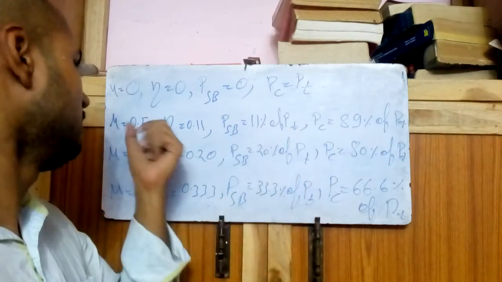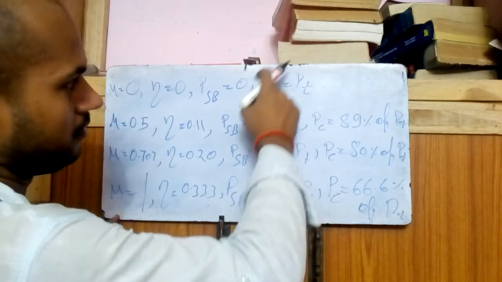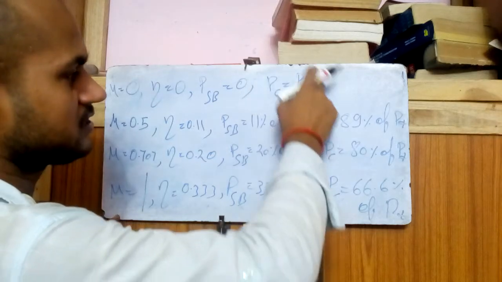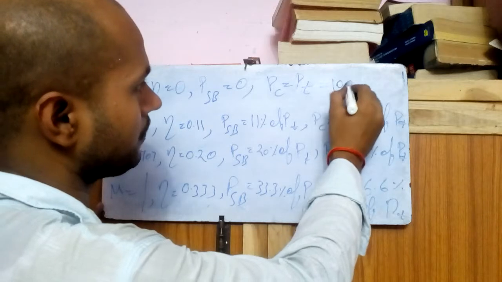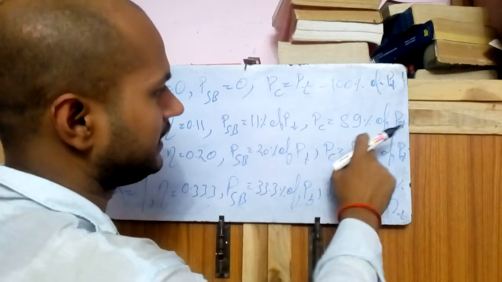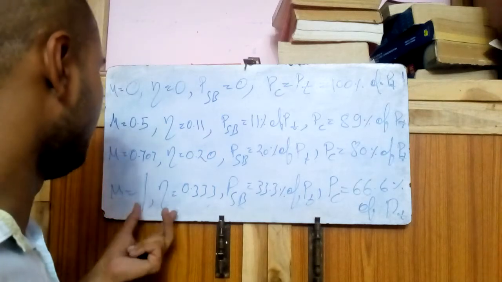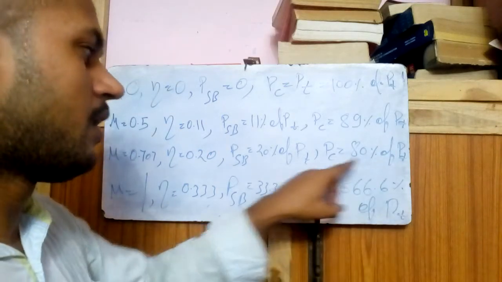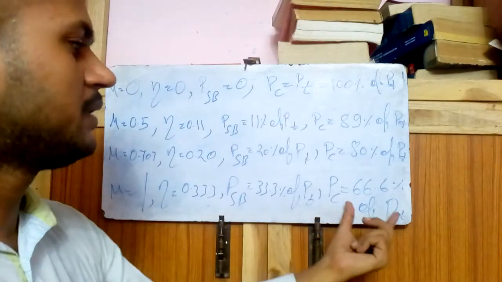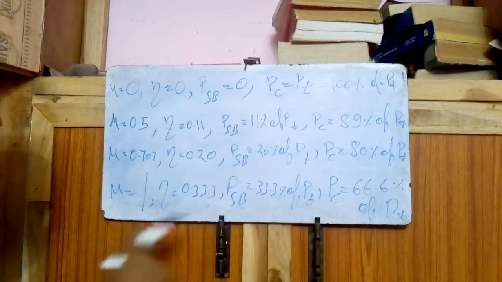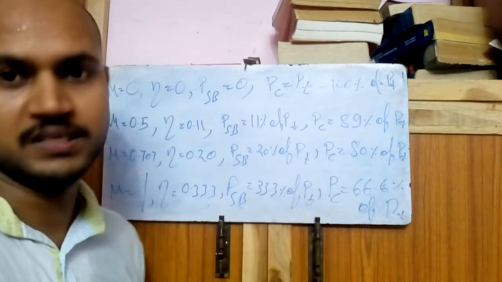There is no component of mu, but as mu increases, the participation or share of Pc in Pt will decrease: 100% of Pt, then 89, 80 and 66.6%. And for efficient power distribution, we want Pc to share as little of Pt as possible. But still 66.6% of Pt will be Pc.